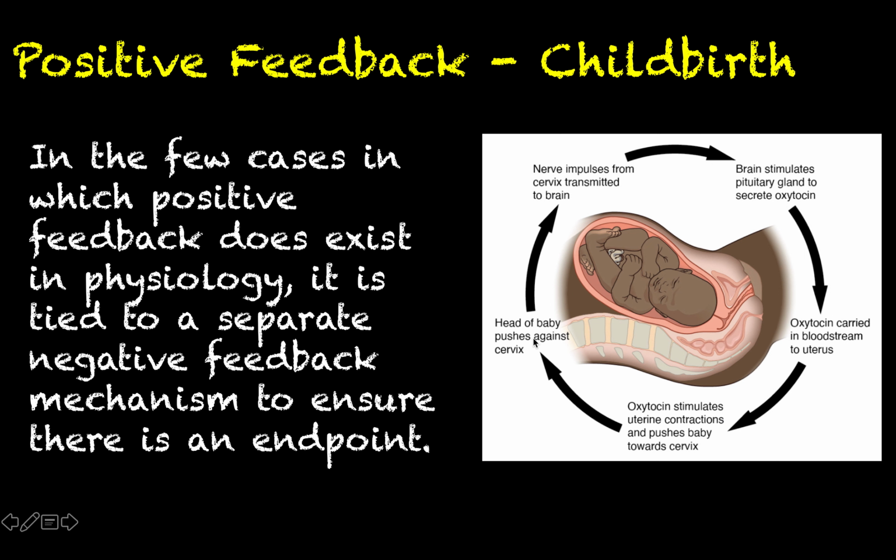This increase in pressure causes an input signal to be sent from the cervix up to the brain, and the brain will then stimulate the secretion of a hormone called oxytocin, which is carried by the blood to the smooth muscle in the uterus, and that causes the uterus to produce contractions, which push the baby even further down, pushing even more pressure against the cervix, and that's going to cause this snowball to start rolling and rolling.